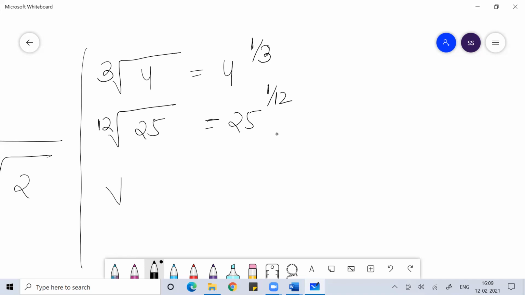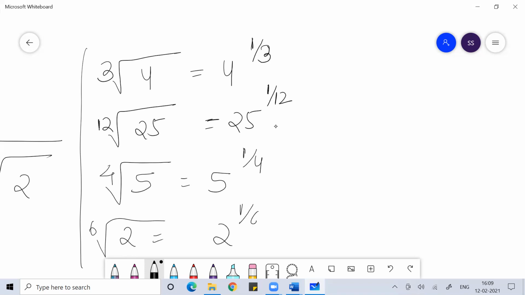And then 4th root of 5 I can write as 5 to the power 1 by 4. And then 6th root of 2 I can write as 2 to the power 1 by 6. I hope everyone is clear till here.